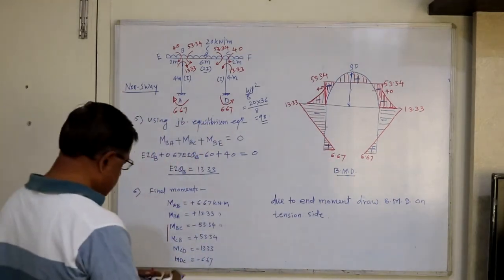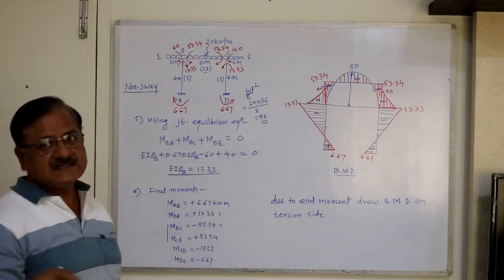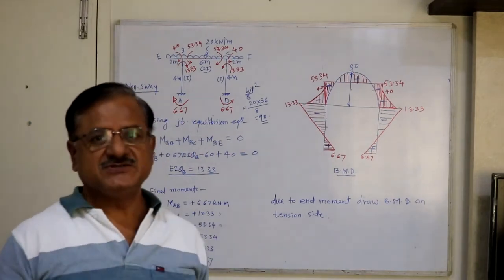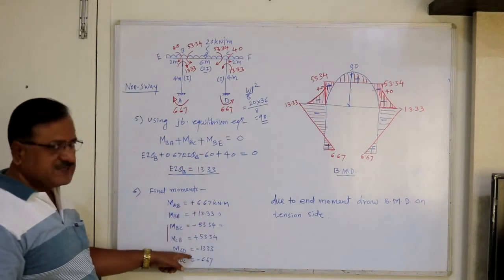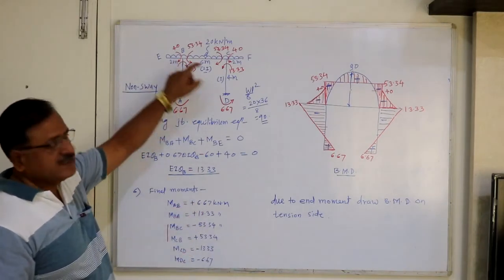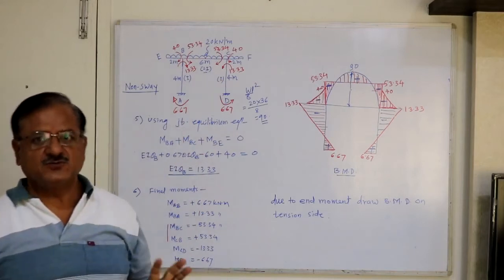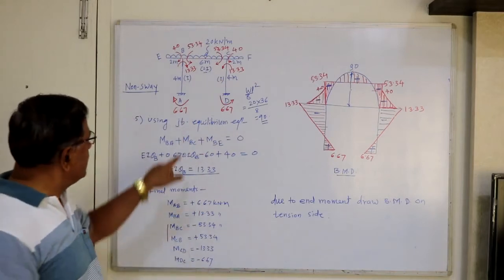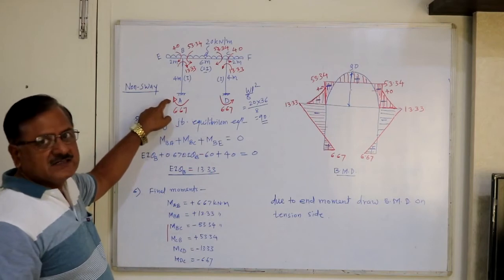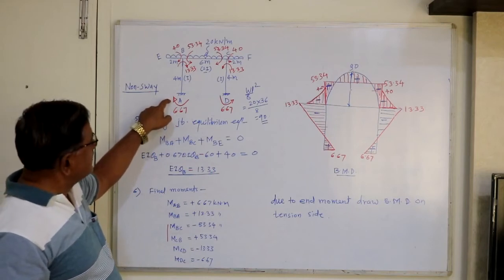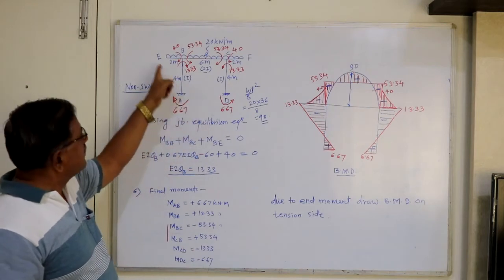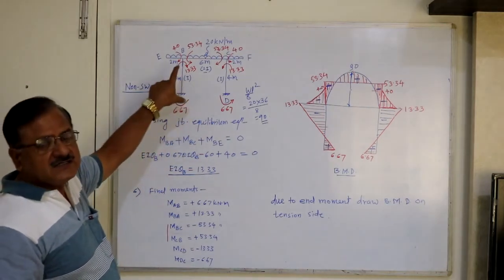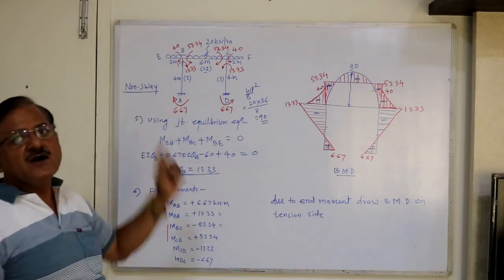Now in another way, if you don't understand how to take the positive and negative bending moment, what you do, according to the plus and minus signs, you show the directions at the ends of the respective members. Then if the arrow is outward, draw the ordinate perpendicular to the member inward. If the arrow is inward, draw the ordinate outward.